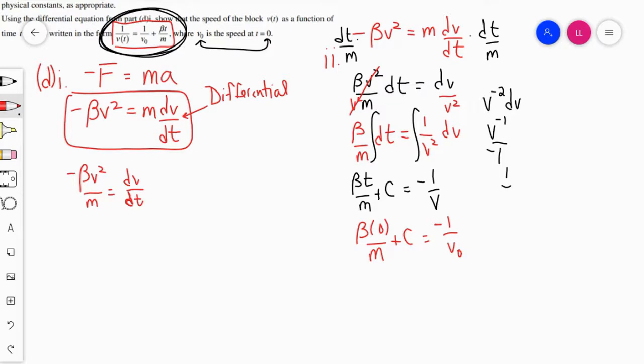I feel like I'm missing a negative sign somewhere. Oh, I am, because this was negative, because it's negative beta v squared. That still doesn't seem like I'm not missing something. I'm missing another negative sign somewhere.